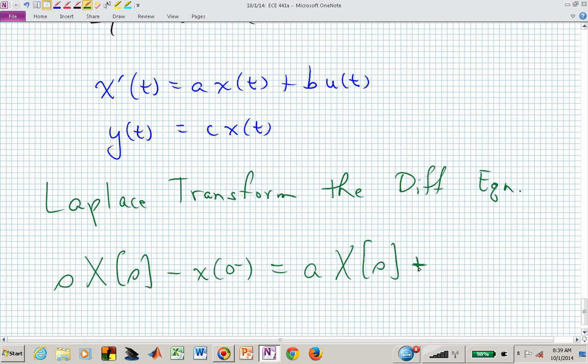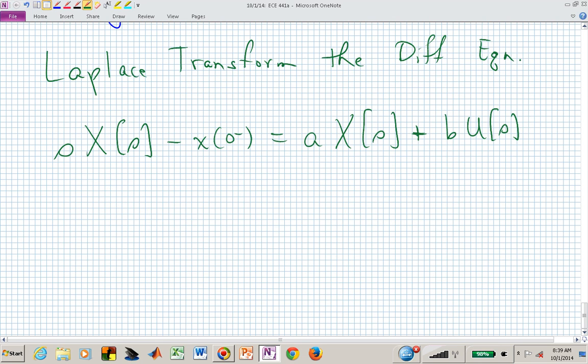What about if we Laplace transform b u of t? Same thing. B is a constant. U of t, we are going to call its Laplace transform capital U of s. Let's now combine pieces so that we now have s minus a times capital X of s. I've moved all the capital X of s's to the left.